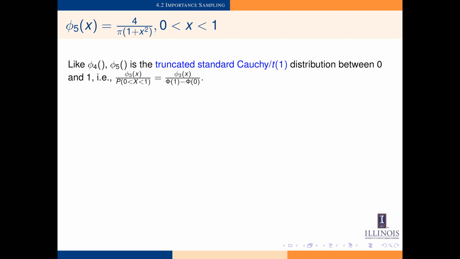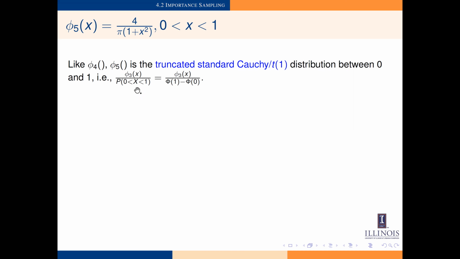So phi 5 of x is actually just the conditional density of phi 3, conditioning on our x being between 0 and 1. And this is equal to phi 3 of x divided by large Phi 3 of 1 minus large Phi 3 of 0.